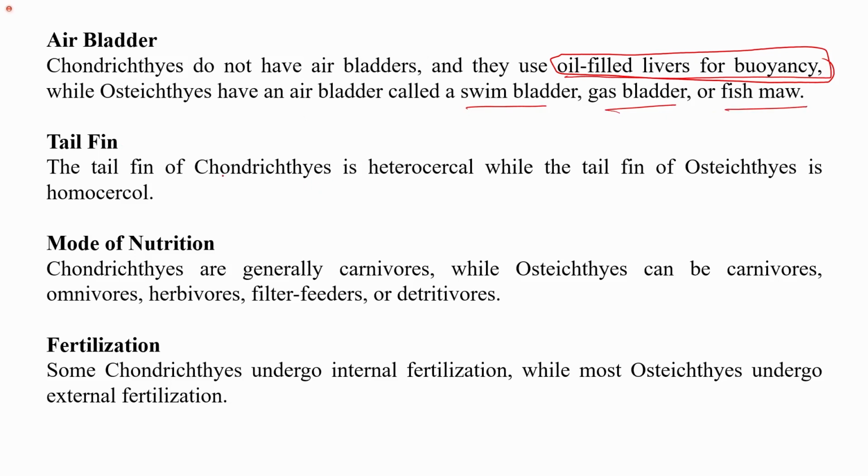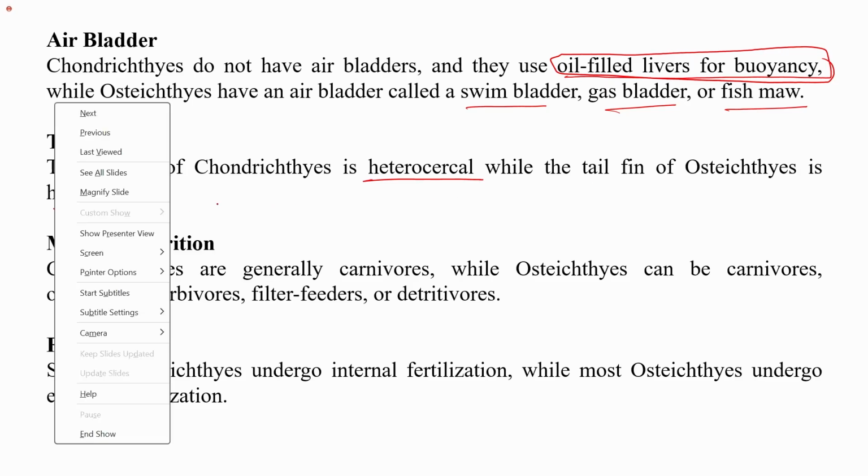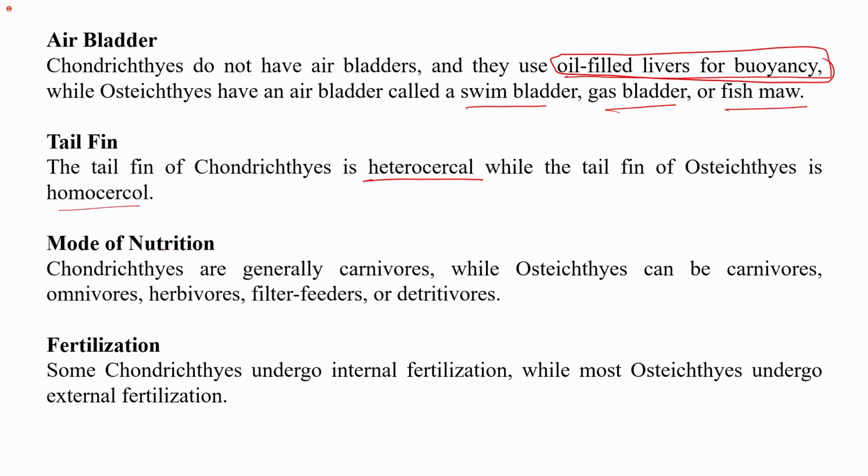Tail fin: in the chondrichthyes it is heterocercal, while the tail fin of the osteichthyes is homocercal. The mode of nutrition: chondrichthyes are generally carnivores, so they mainly feed on smaller animals, while osteichthyes can be carnivores, and they may be omnivores, that is, they can feed on both plants and animals.